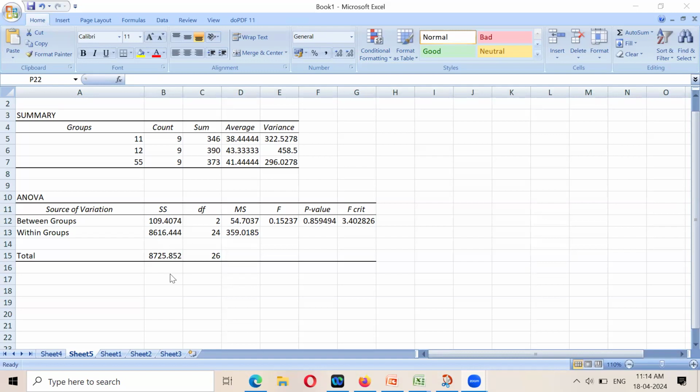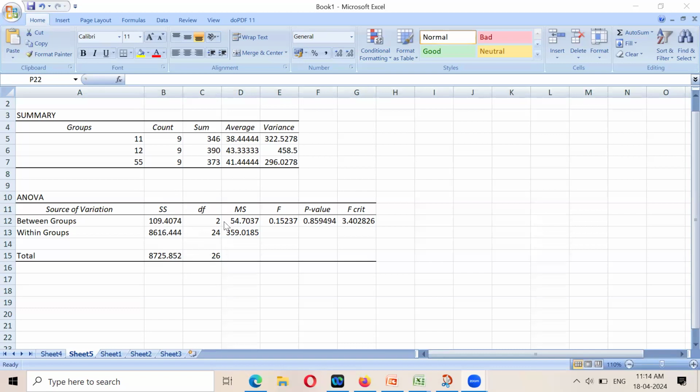We do not want negative values, so to eliminate the negative values, the square is taken. The difference, the subtraction that comes, its square is taken. So that is nothing but the sum of squares. The second column gives you the sum of squares between the groups and within the groups.